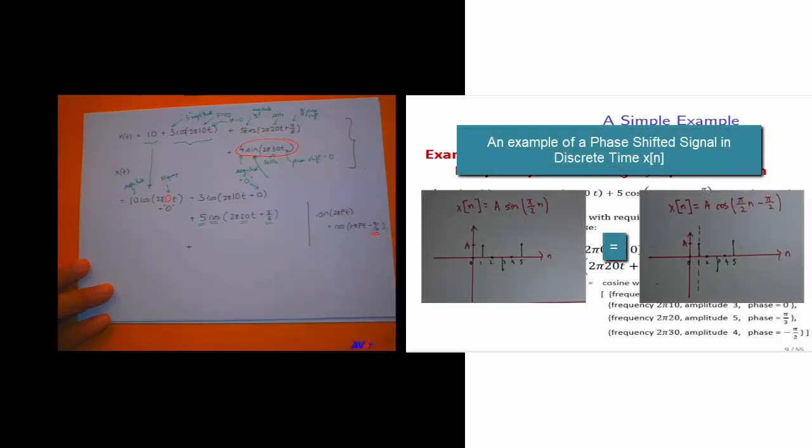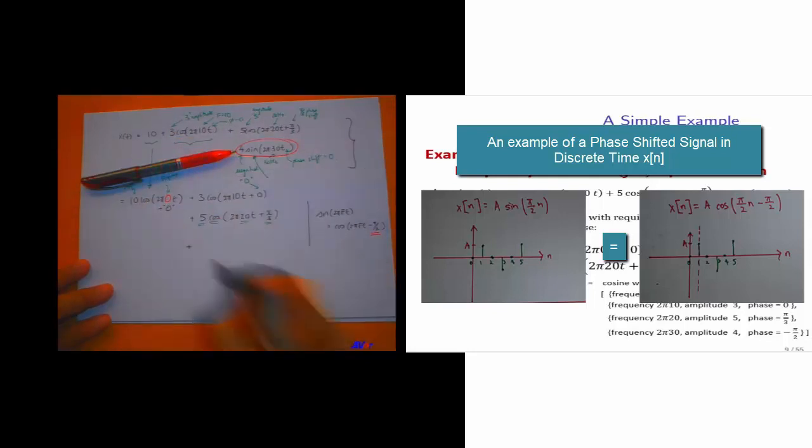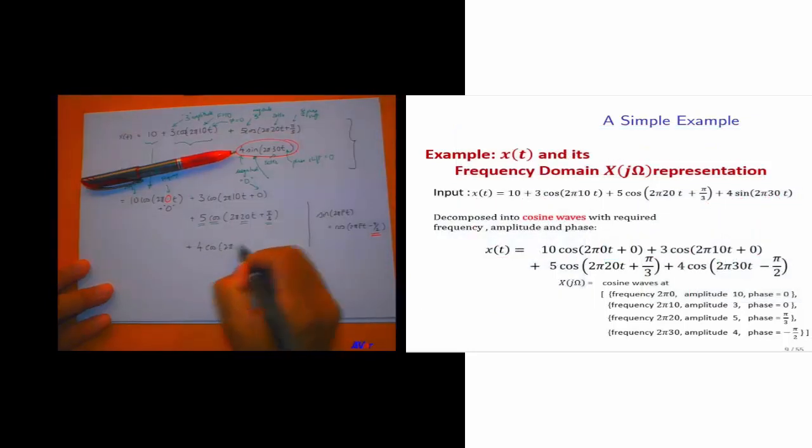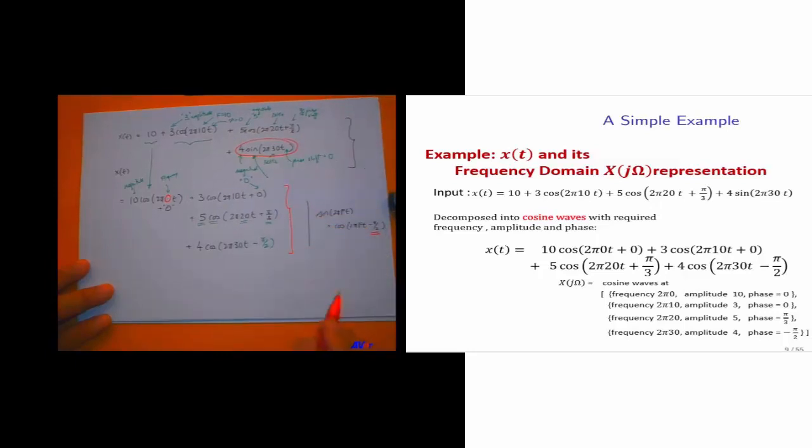We know that sines are a phase-delayed version of the cosine. And therefore now we can write our equation of 4 sine 2 pi 30t in cosine as 4 cosine 2 pi 30t minus pi over 2. And now we have reached here.